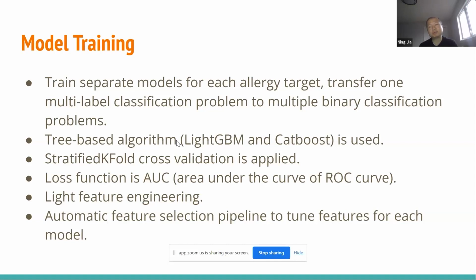So I just do simple things like how many total zeros you have. I think the previous third-place winner also presented some features like that. Next, I do automatic feature selection. There's a pipeline I run so I can select which features for each target. So basically, for each model, we have a fine-tuned, optimized feature set for that target.